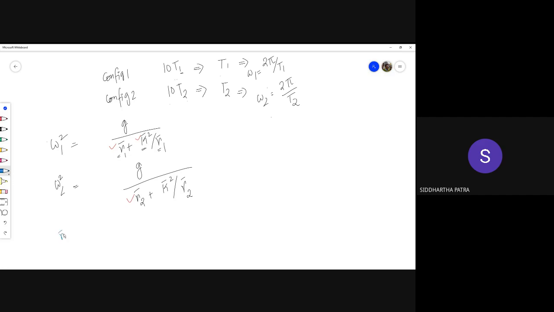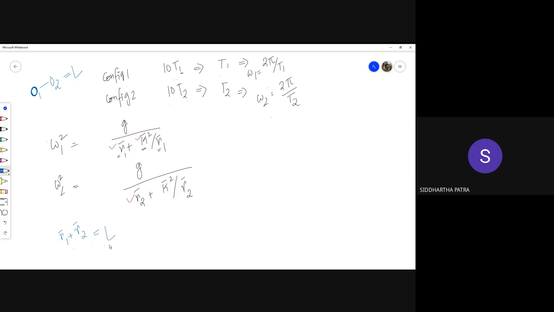But then we also have the third equation, R1 bar plus R2 bar. If O1 was the first pivot point and O2 was the second pivot point, okay, so this distance, let's say that is L. So that is actually the sum of R1 bar plus R2 bar.